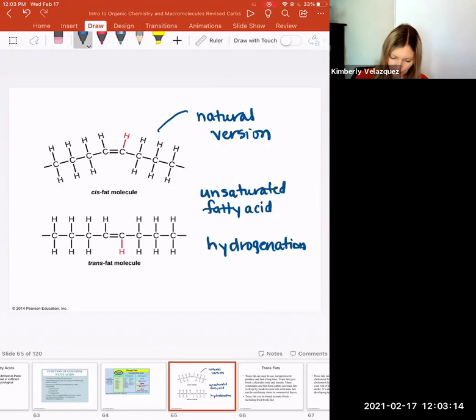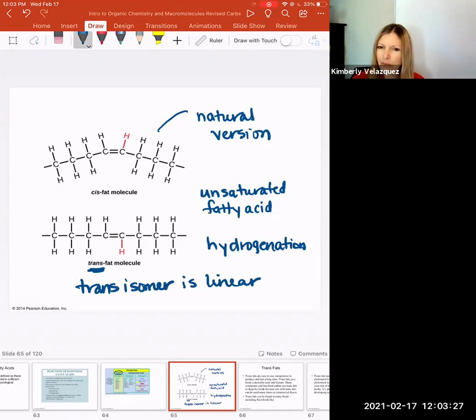And they forced this trans configuration, and this trans isomer of the unsaturated fatty acid is linear. It's linear like the saturated fatty acid was, but it has a longer shelf life. It's an artificial form of fat.